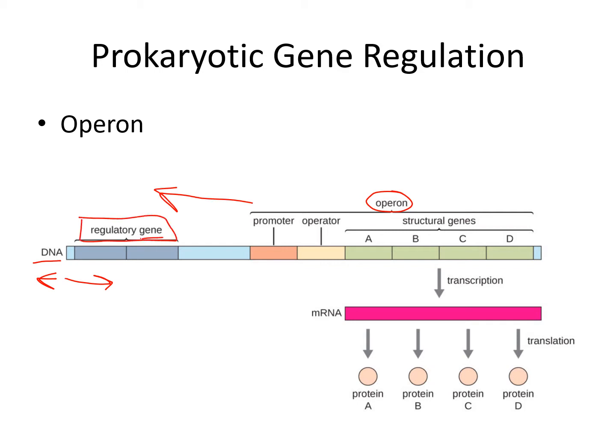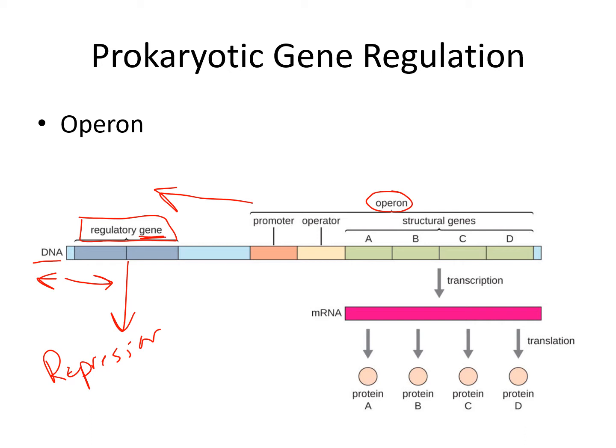And this is a gene, so every time I say the word gene, that means there is a protein product. And the protein product of the regulatory gene is the repressor. So the repressor is a protein that is produced by the regulatory gene.